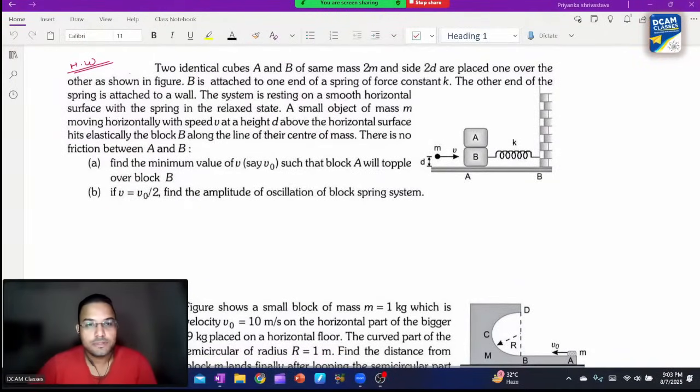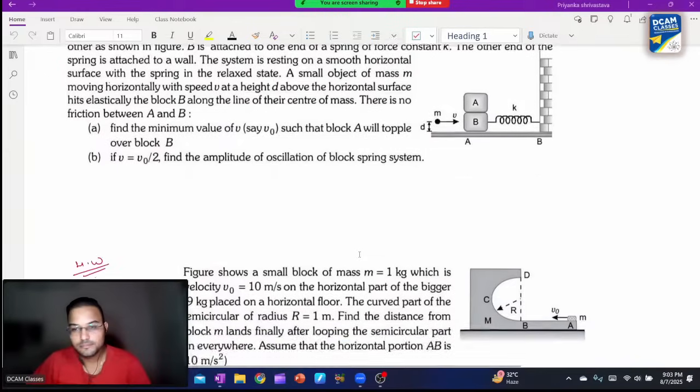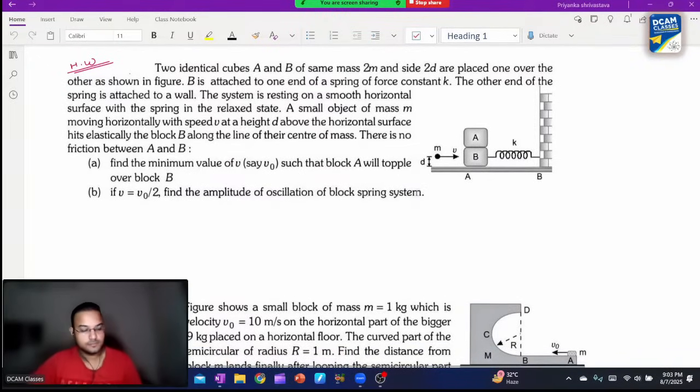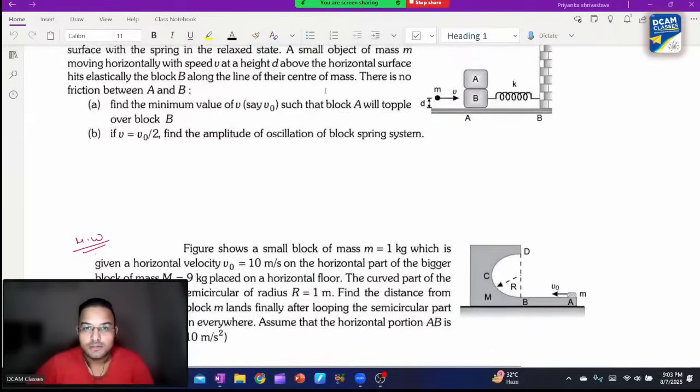Now, did you attempt this question? These were the two questions I gave you as homework. If you did not see it, if you did not attempt this one, just tell me.